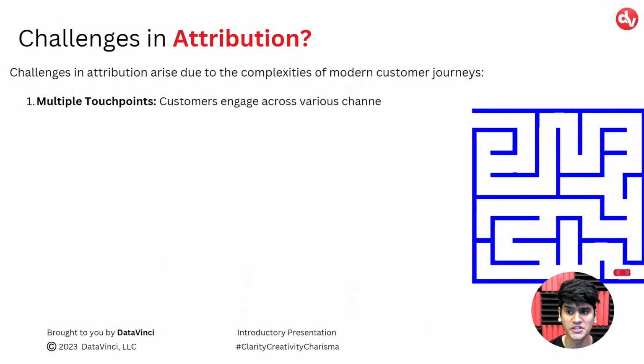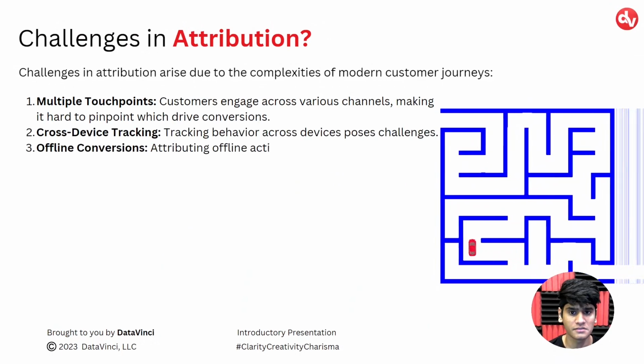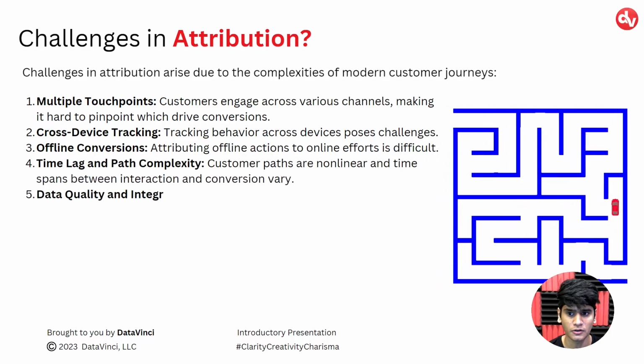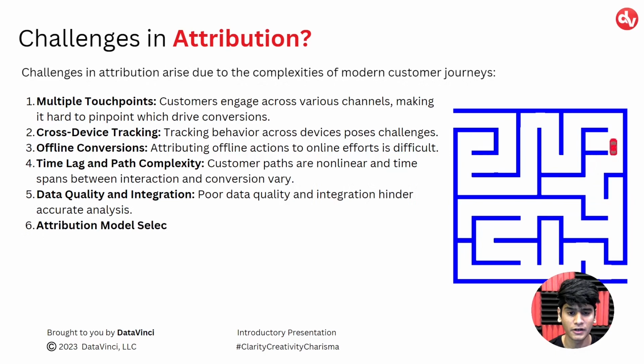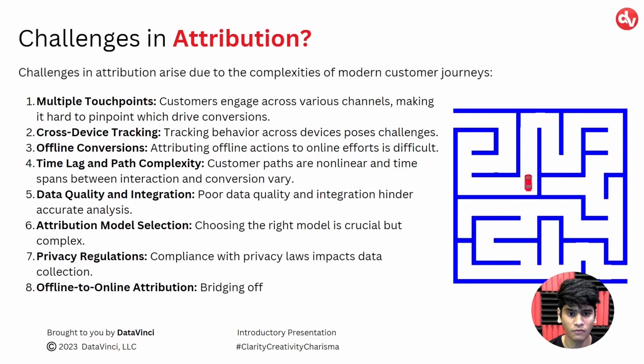So what are the challenges in attribution? Multiple touch points, as we have seen in the last slide. Customers engage across various channels, making it hard to pinpoint which drives conversion. Cross-device tracking: tracking behavior across devices poses challenges. Offline conversions: attributing offline actions to online efforts is difficult. Time lag and path complexity: customer paths are non-linear and time spans between interaction and conversion vary.